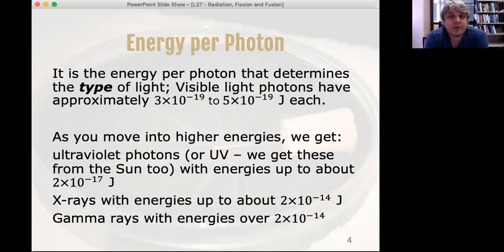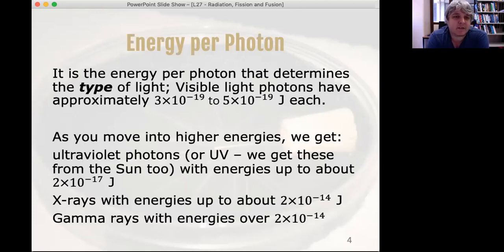The energy in a UV photon can be anywhere up to 2 times 10 to the negative 17 joules. Right? Negative 17 versus the negative 19 that we had for visible. X-rays are even more energetic than UV photons. X-rays can have up to 2 times 10 to the negative 14 joules in one little packet of energy, and gamma rays are the most energetic photons, and they can have anywhere above that X-ray limit.